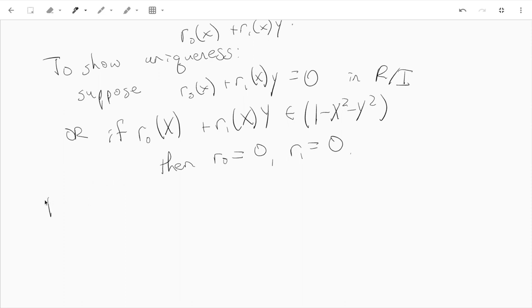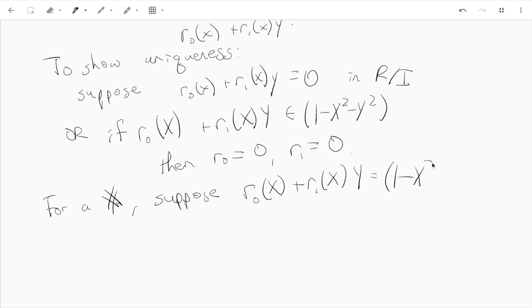So we say for a contradiction, we'll use that symbol: suppose r0(x) plus r1(x) times y equals (1 minus x squared minus y squared) times f(x,y), and we try and get some contradiction.